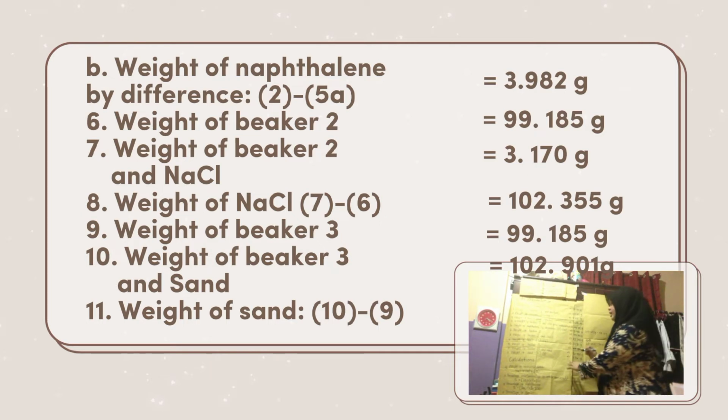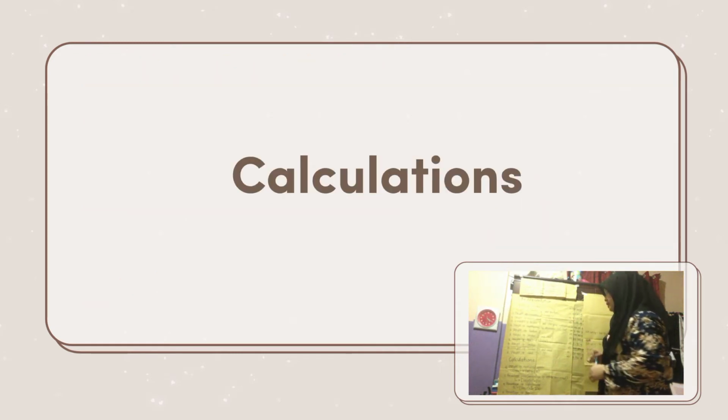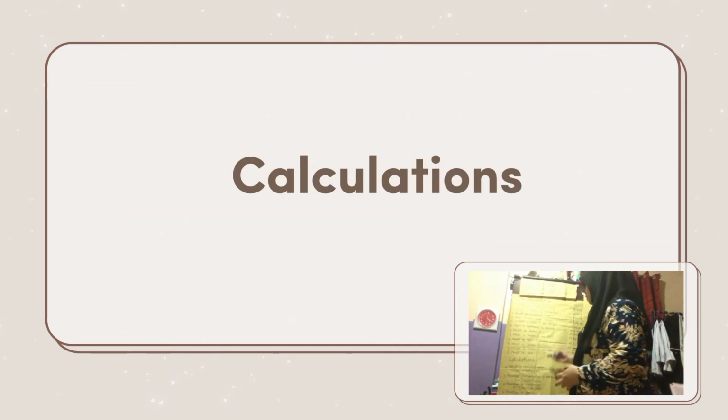So we have a weight of sand of 3.716 grams, a weight of sodium chloride of 3.170 grams, and a weight of naphthalene collected of 3.215 grams. Then let's proceed to the calculations.